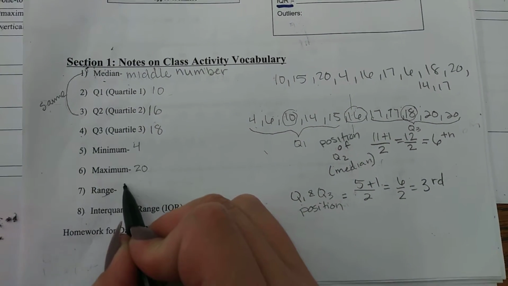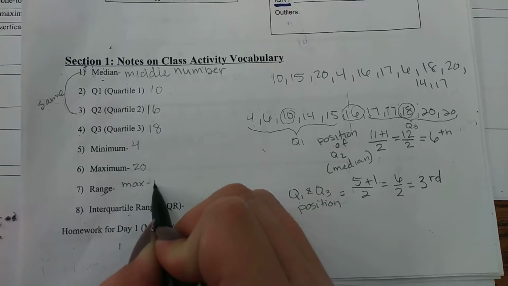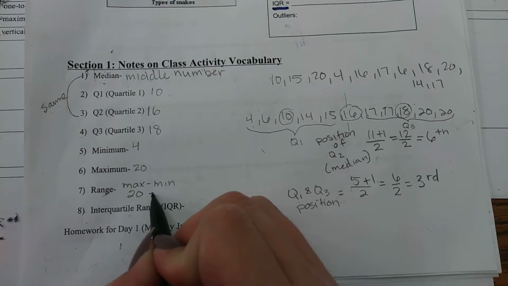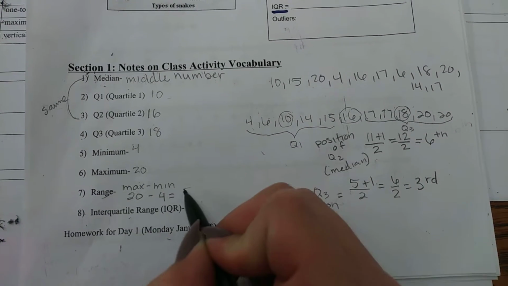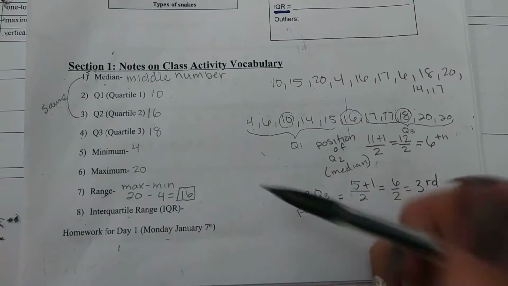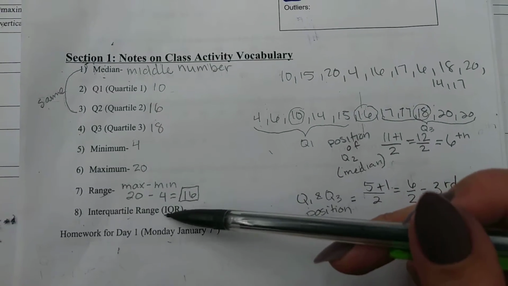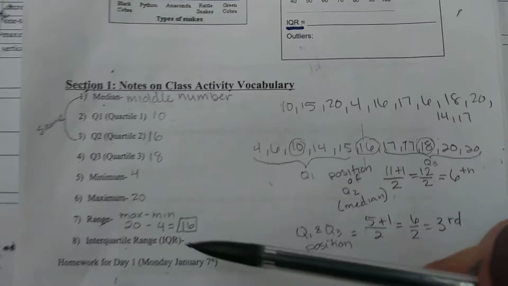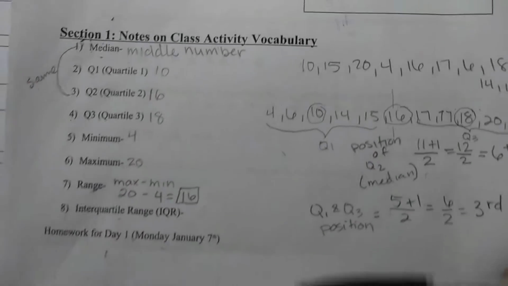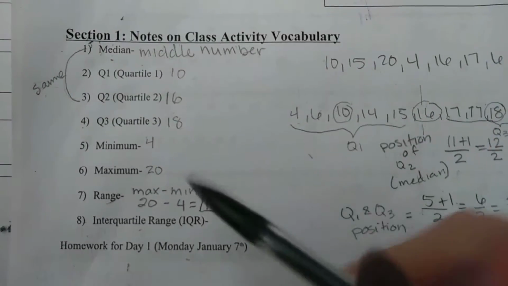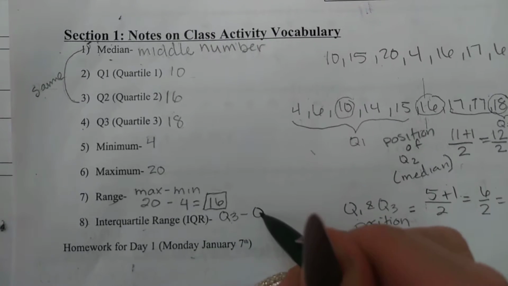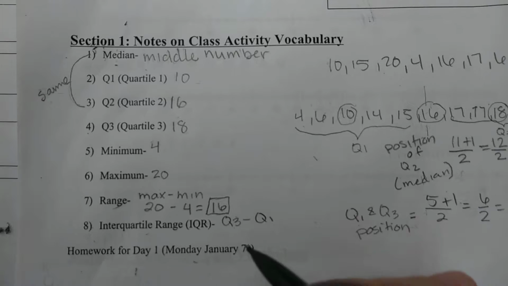And to find my range, I'll take my maximum and subtract my minimum. So here my maximum is 20, my minimum is 4, and that gives me a range of 16. Now when I talk about my interquartile range, or the IQR, the same one we saw in that chart here, I'm going to take my quartile 3 and subtract my quartile 1 and get my interquartile range.